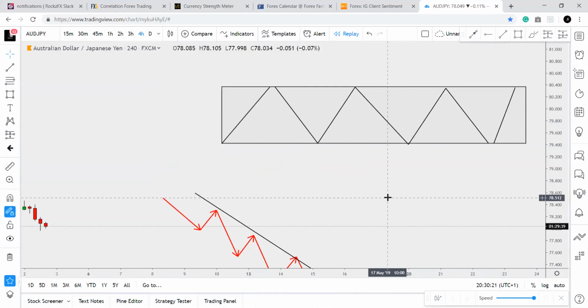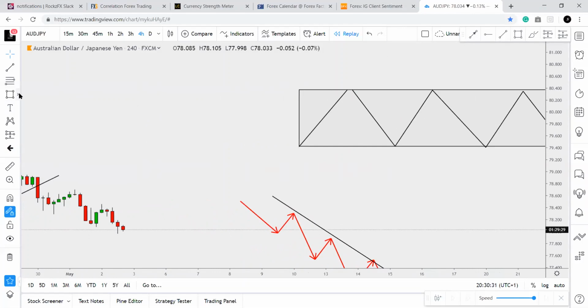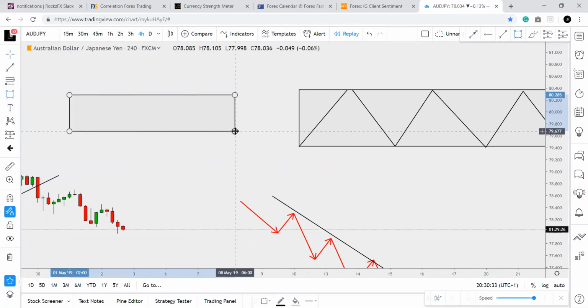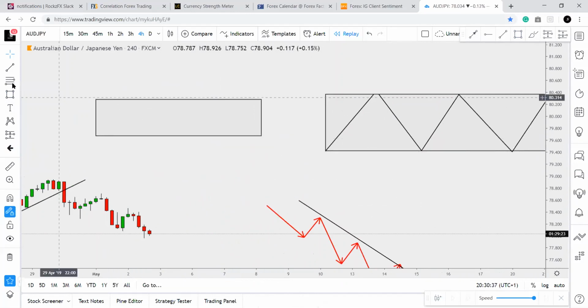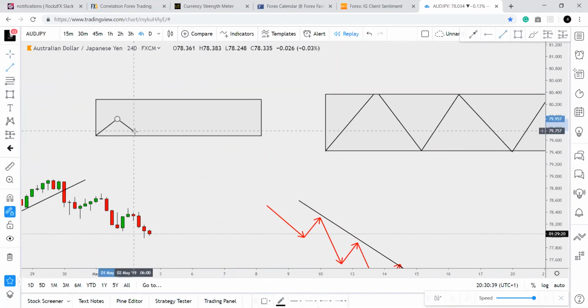So if you see a beautifully ranging market, you can take buys or sells if your eyes are trained to see it, because the banks allow it to happen. But what too many retail traders do is they see a sideways moving market that is not as beautiful as this, looks something like this, and then the price starts to do this.